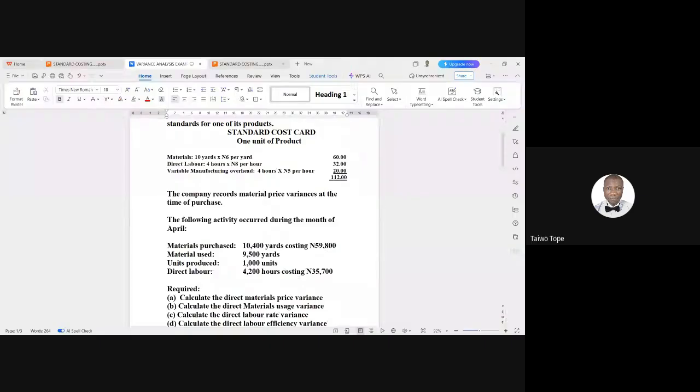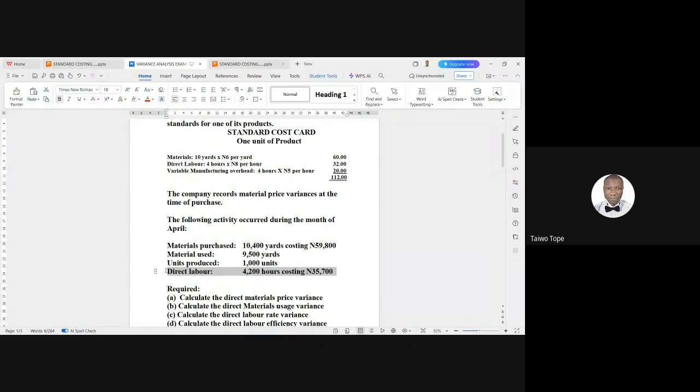Looking at this question, in terms of actual, we have direct labor 4,200 hours, costing 35,700. So they didn't give us the cost of 1 hour. We have to determine it.